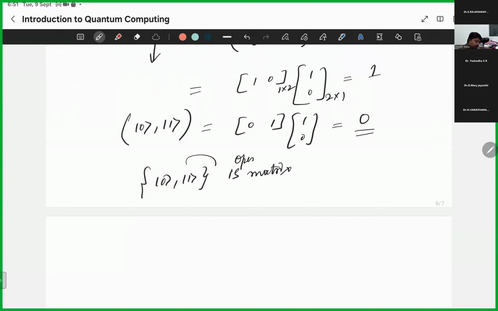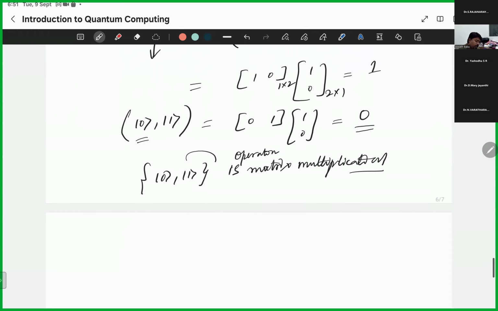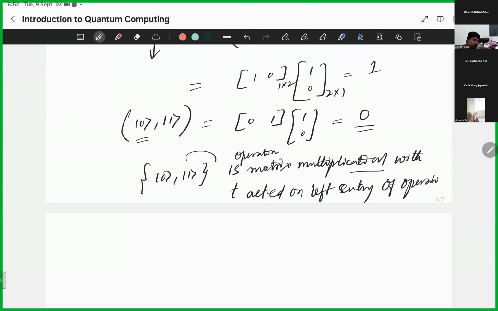Remember, the left-hand side entry getting into the operation has the dagger acted on it. That is very, very important.